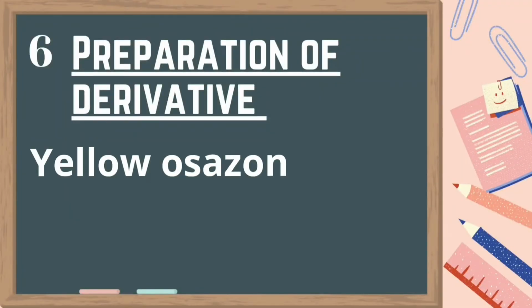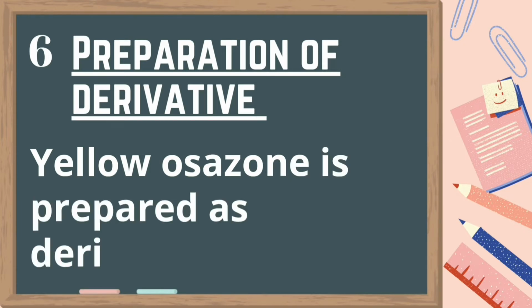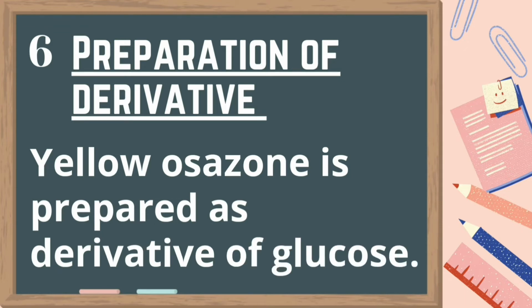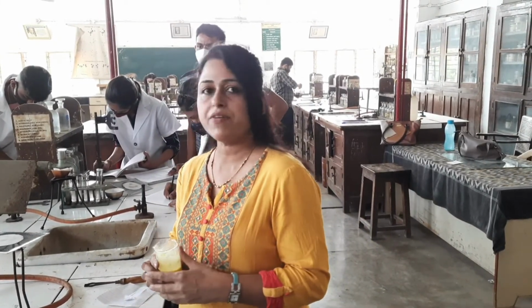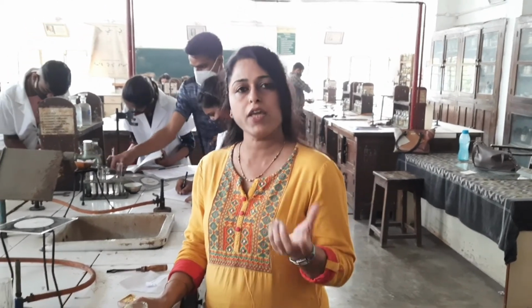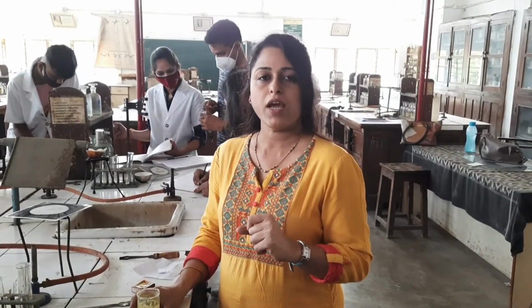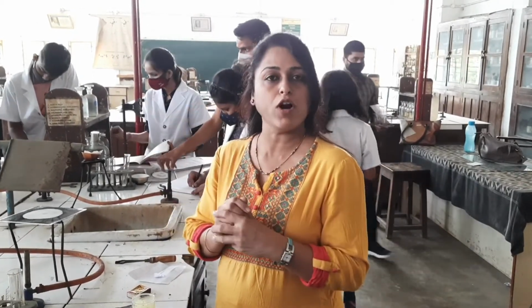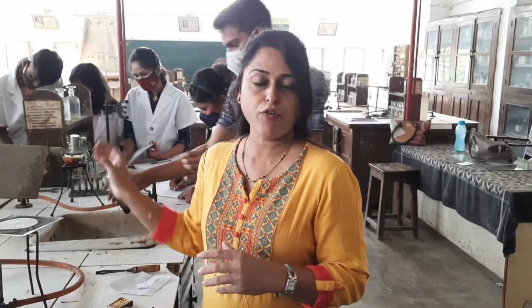Preparation of derivative for glucose. Yellow osazone is the derivative for glucose. Let's prepare the derivative for glucose on the table. We need 2 ml of saturated solution of glucose, and we add phenylhydrazine solution into it, then plug the test tube with cotton and heat it in a water bath for 10 minutes.